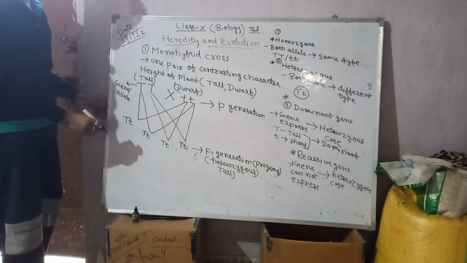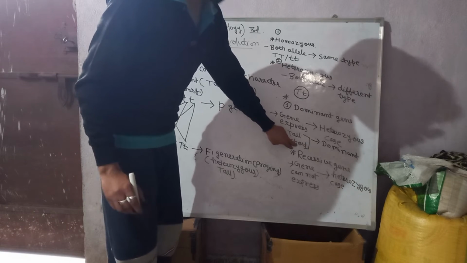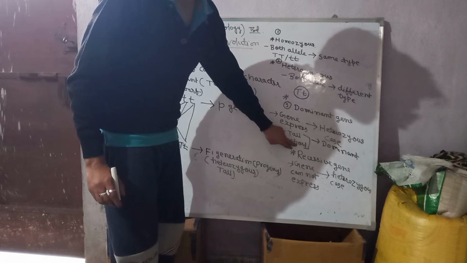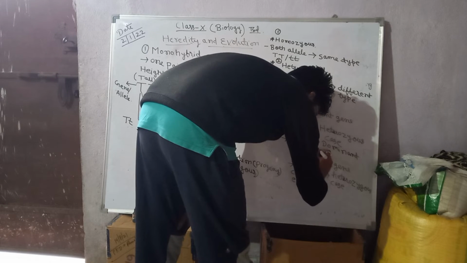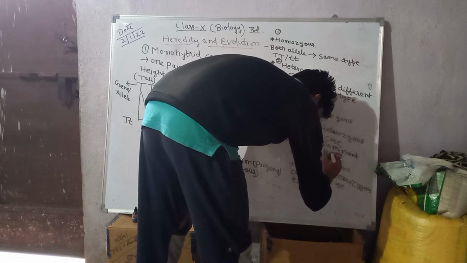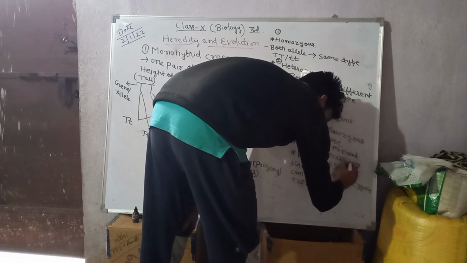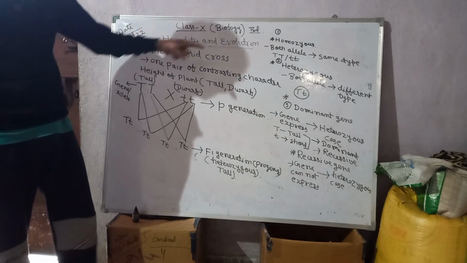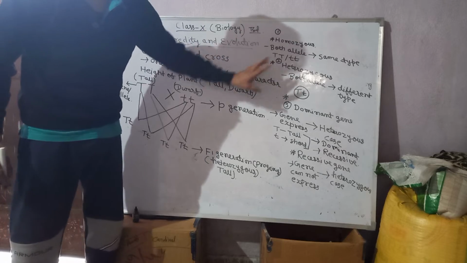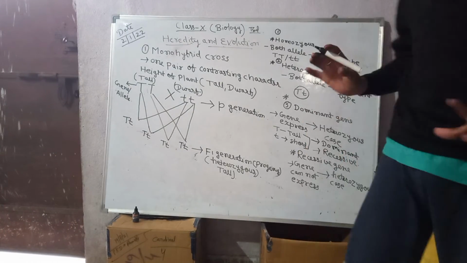For an example, my dear student, here you can see this small t for the short. So this gene cannot express itself in the F1 generation. So it is known as the recessive. Now you have completed the homozygous, heterozygous, recessive and dominant gene. Hope you understand this concept.